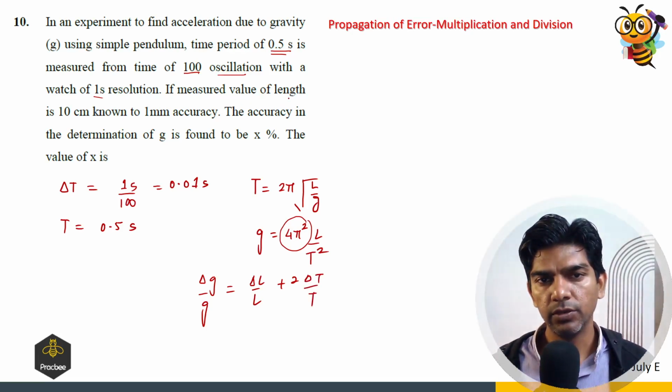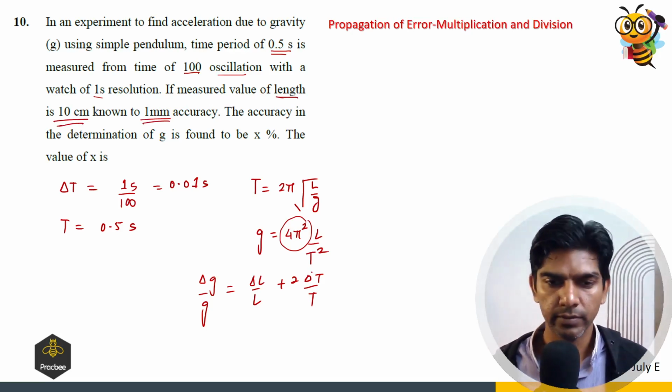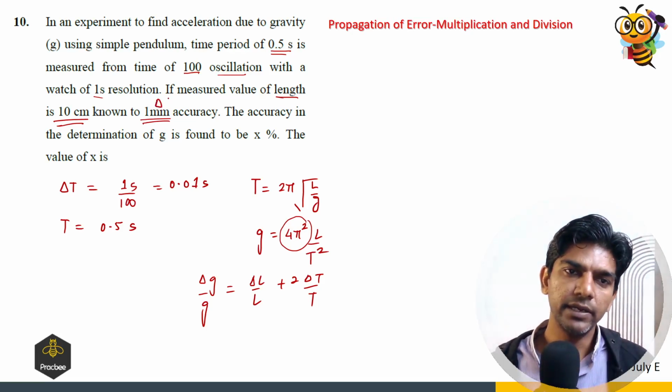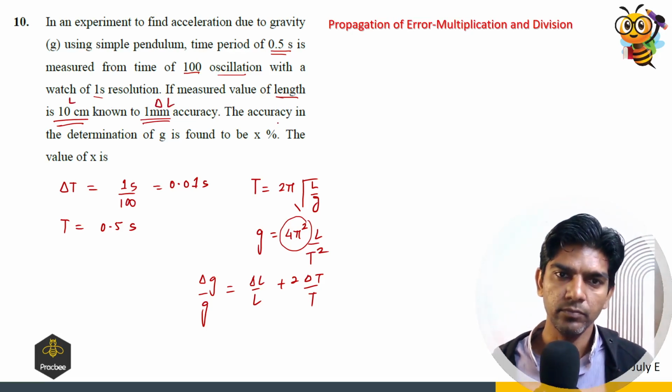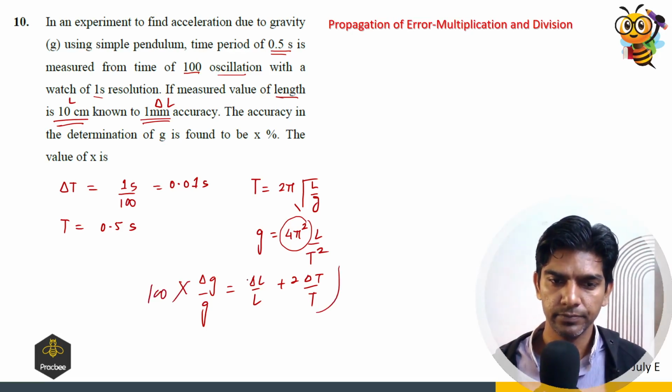If the measured value of length is 10 centimeter and the error, or accuracy, is 1 millimeter, so that is the error. So this is delta L and this is L. The accuracy in the determination of G is found to be x%, the value of x. So let us multiply this with 100. Let us substitute the value.